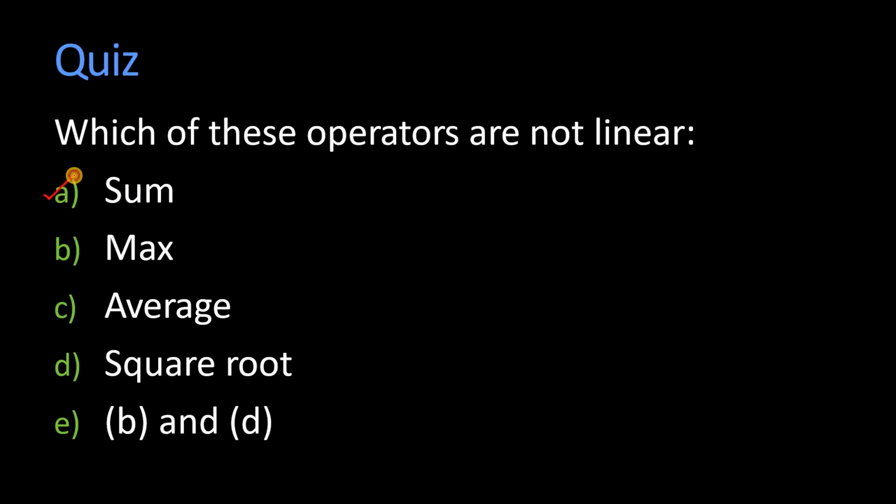Sum is linear because we saw just previously that adding, or additivity, is one of the properties of linearity, so it's linear. Another property that is based on sum is the averaging. What is averaging?